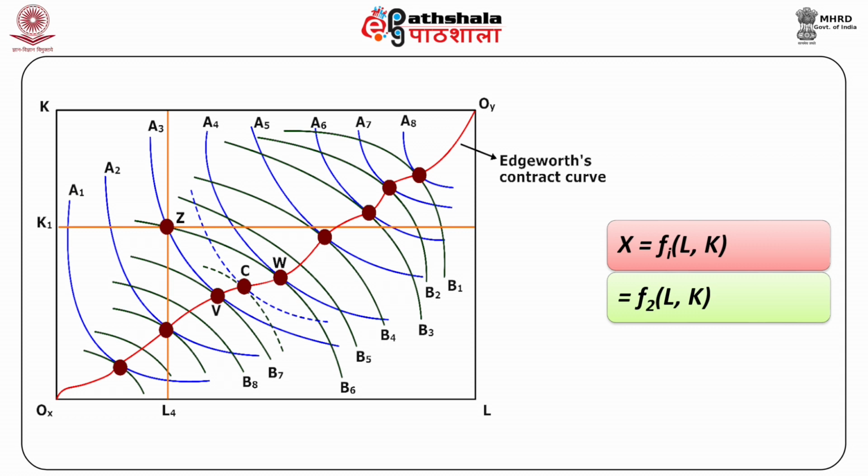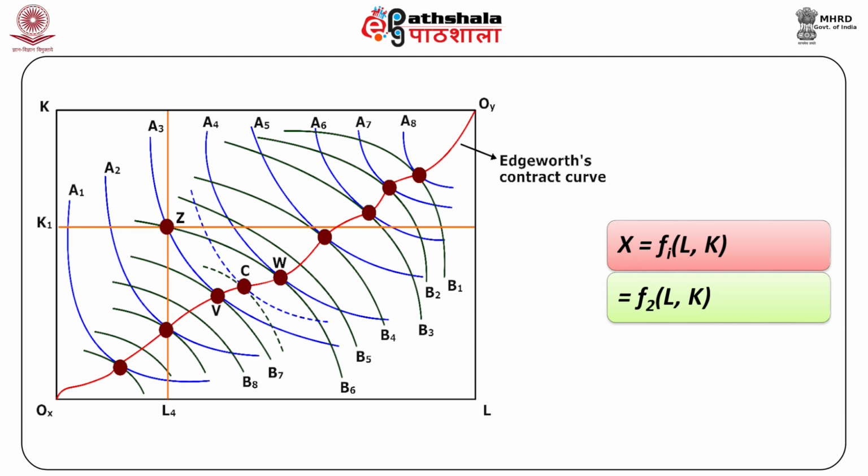Let us consider something like V. At V, what do we see? That at V, A3, which is the isoquant for X, is perfectly tangential to B7. So we have another point which is showing the tangency between the two isoquants.